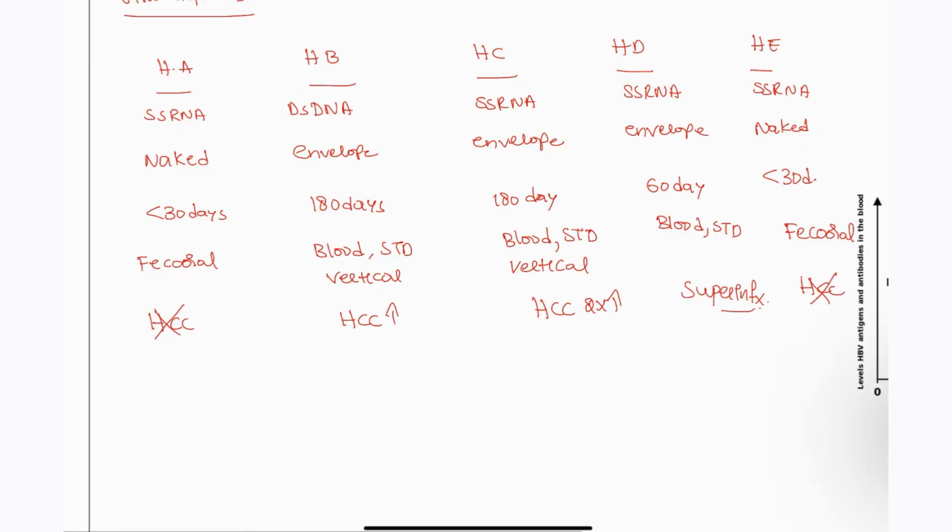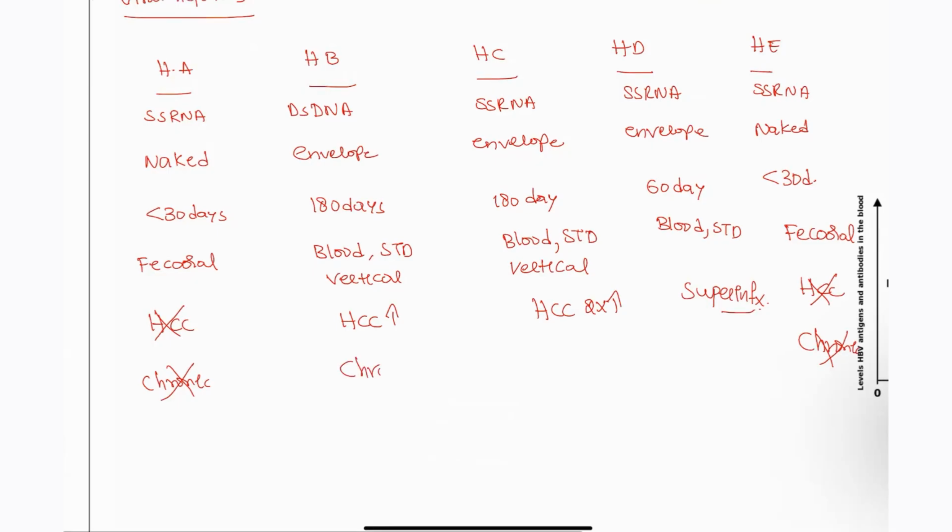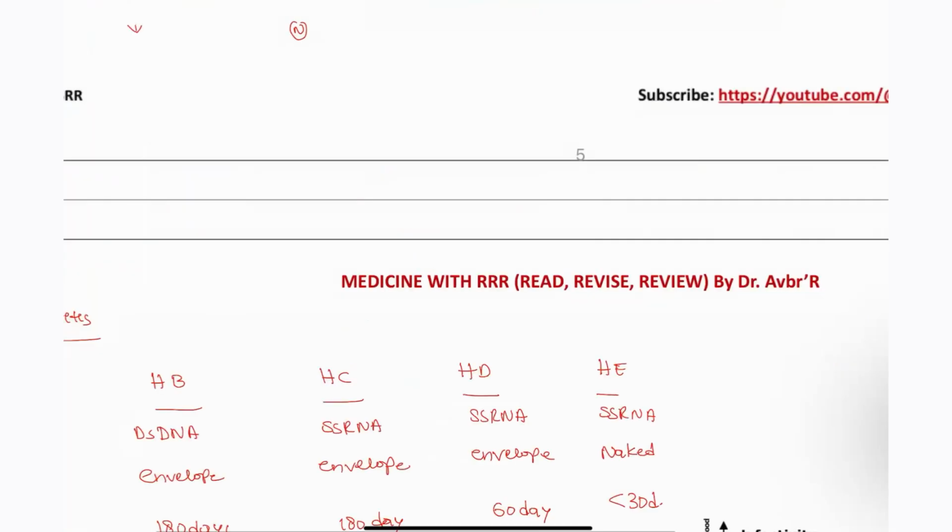Next, chronicity. The chronic condition is not seen in hepatitis A, and the same as here for E. Chronic is not seen. So here, in B, chronic will be seen, and in C, 2 times chronic will be seen. And again, this is super infection associated hepatitis D. And overall, what is the most common?